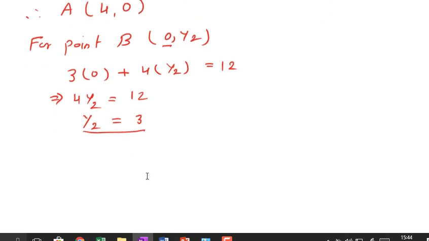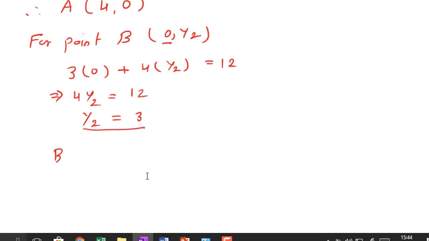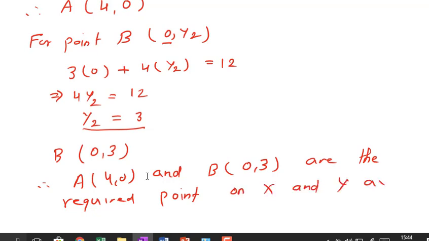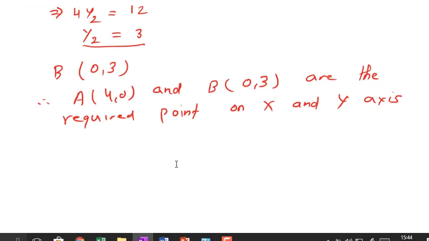So point B is 0 comma 3. Finally, therefore, A, which is 4 comma 0, and B, which is 0 comma 3, are the required points on the x and y axis respectively. Required point means the point which we have to find.